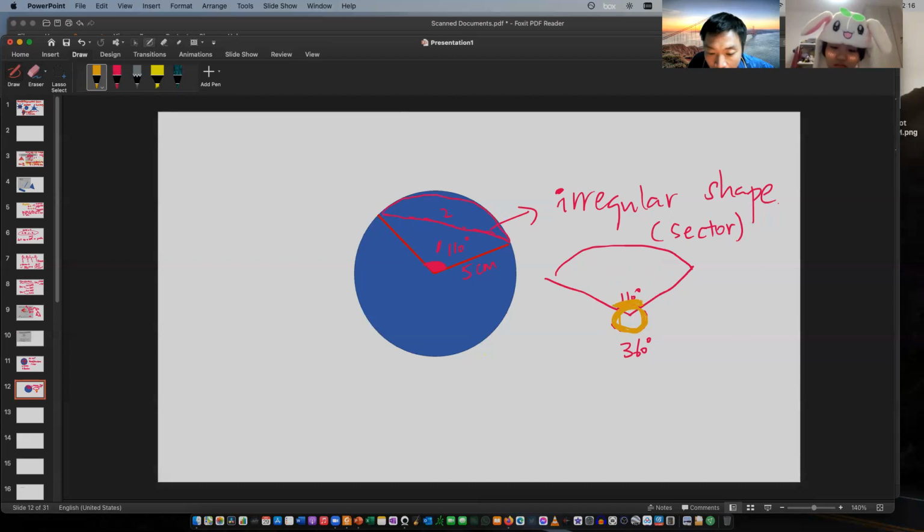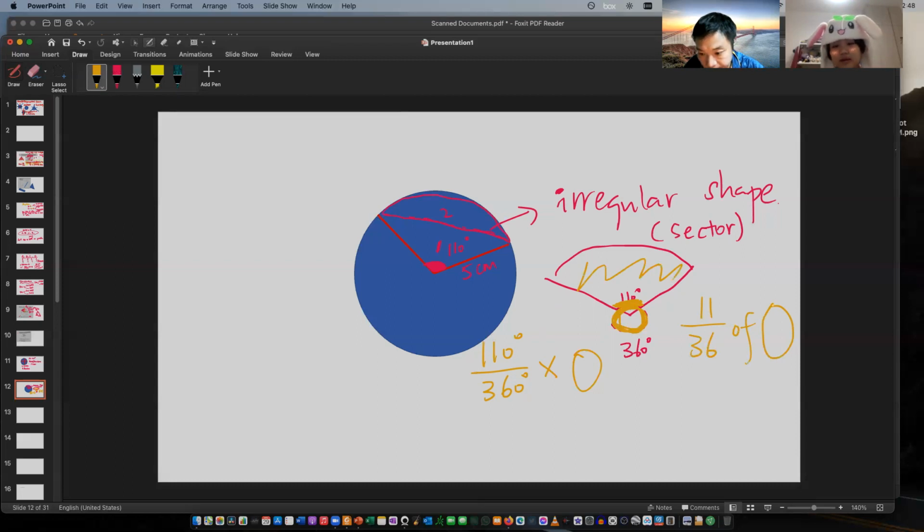So you want to find 110 is how much of the circle. What's the fraction? If you use the calculator, you get 110 degrees over one round 360 degrees. You will realize that this part is 11 over 36 of the circle. Then find the whole entire thing, divide by 36 times 11. Correct.